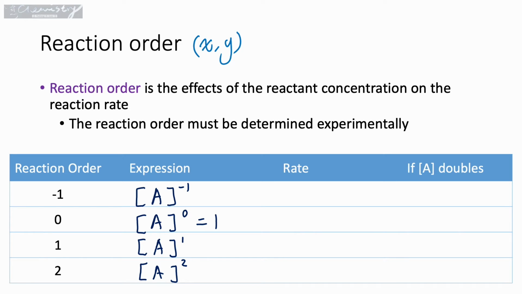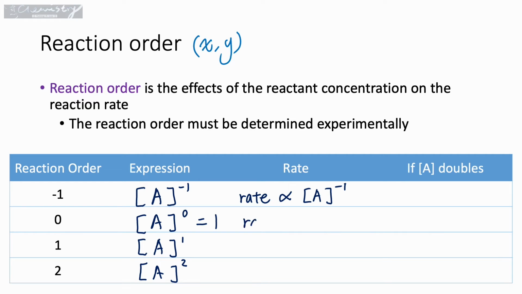Now, what this means for the rate of the reaction is that the rate is directly proportional to the inverse of the concentration of A. And remember that this is 1 over the concentration of A, just in case the -1 is not clicking.